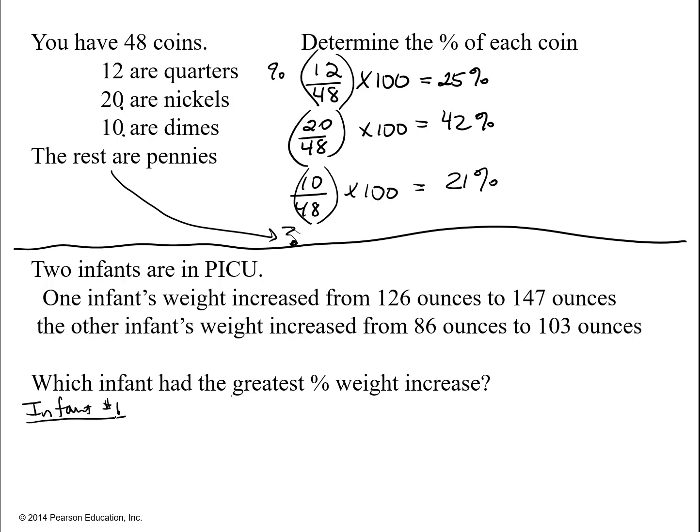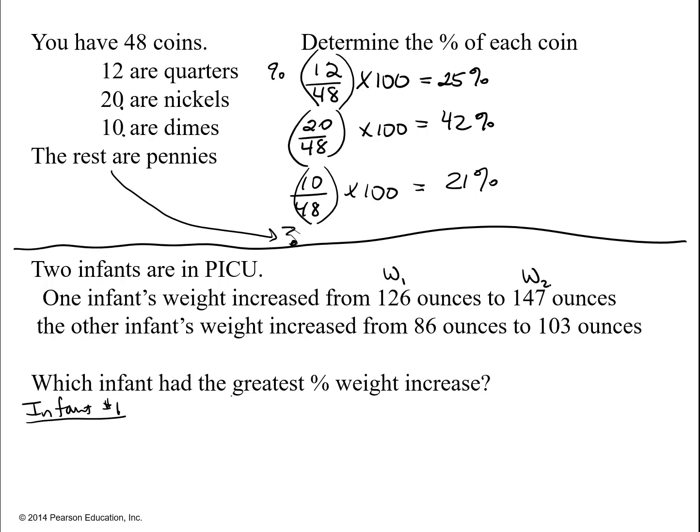This is initial weight, and this is final weight. But I want to know a percent weight increase. How do I figure out what the increase in weight is? I wouldn't divide those two. If I'm looking for an increase, how would I find that?